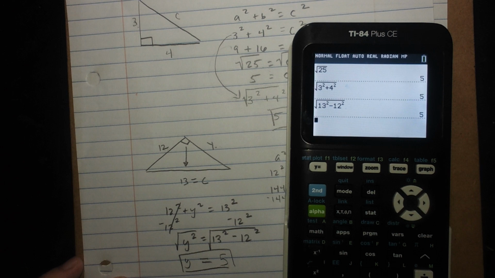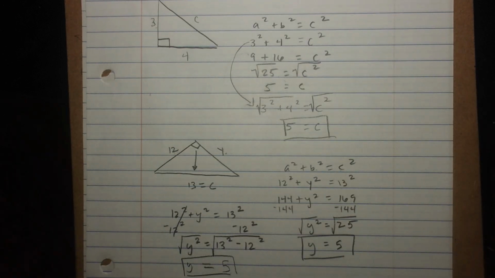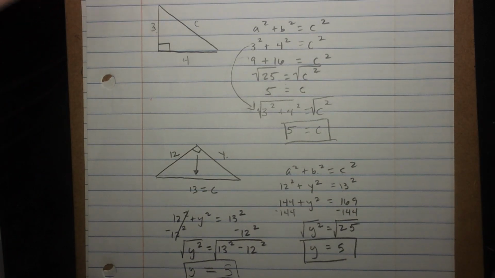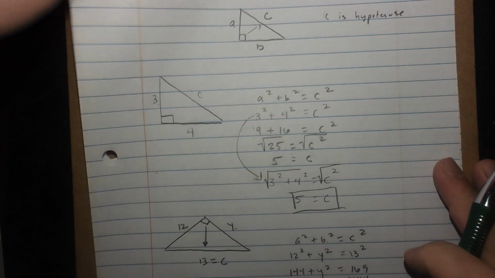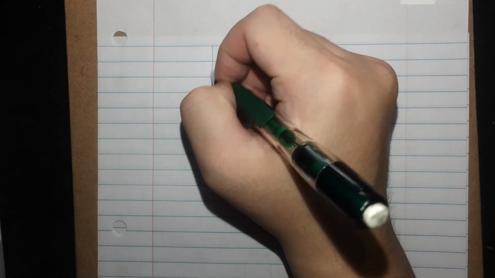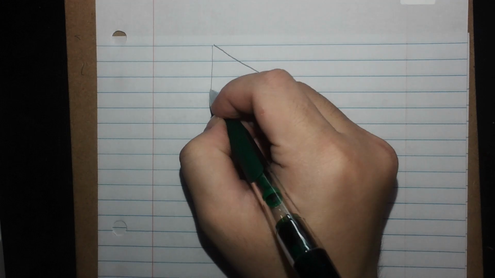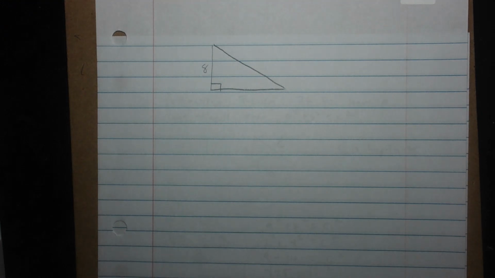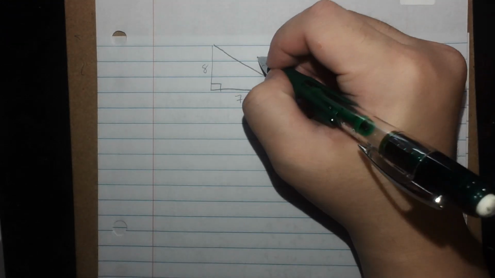All right. Let's do one more example. Let's say that you have a right triangle. Of course, that's what we've been doing. And we're going to call this side 8, this side 7, and this is what I want to find.